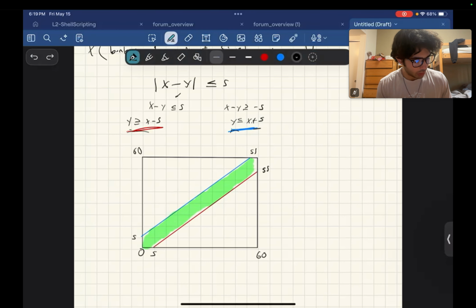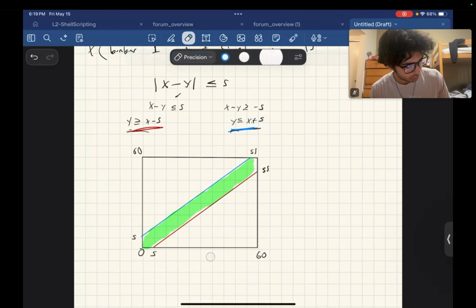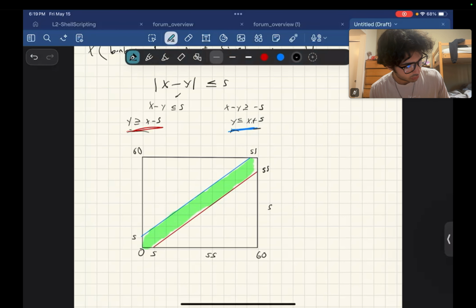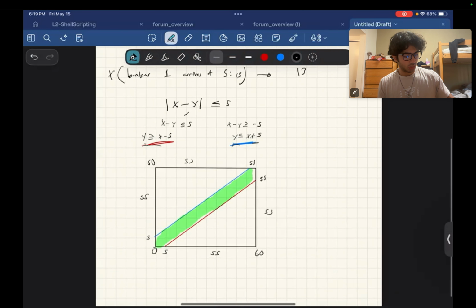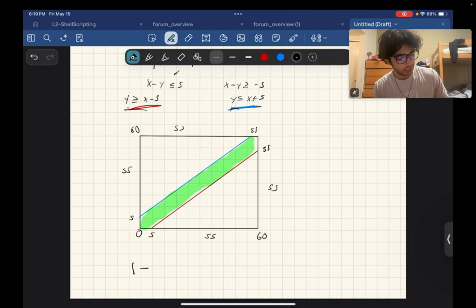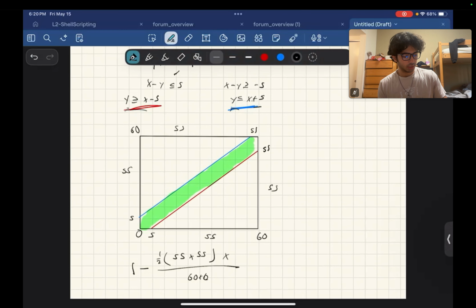So each triangle has side length 55, so you have 1 minus 55 times 55, and then it's 1/2 base times height, and there's 2 of them, over 60 times 60, and that gets you 55 squared divided by 60 squared.